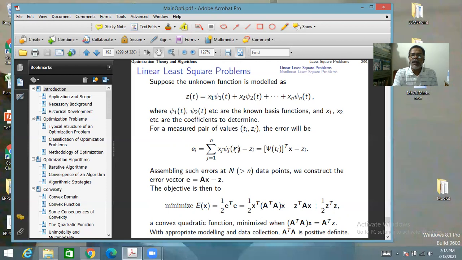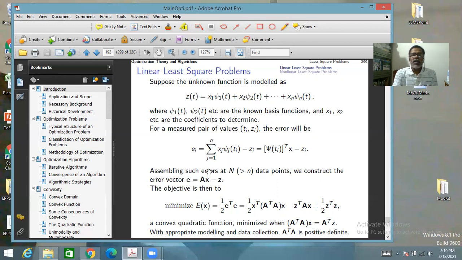Since this is a linear combination, you can also write it in matrix-vector form, where the column vector of the values of the basis functions, you take the transpose and then multiply with the vector x1, x2. From that, you subtract this observed, measured value of z, and this is the individual error at the ith data point.